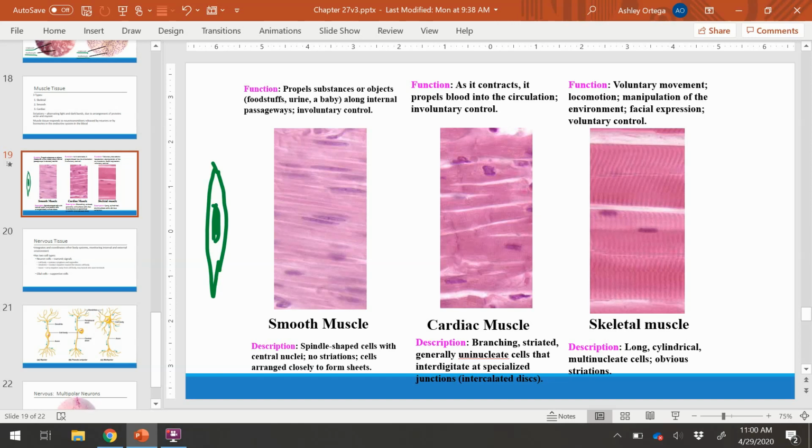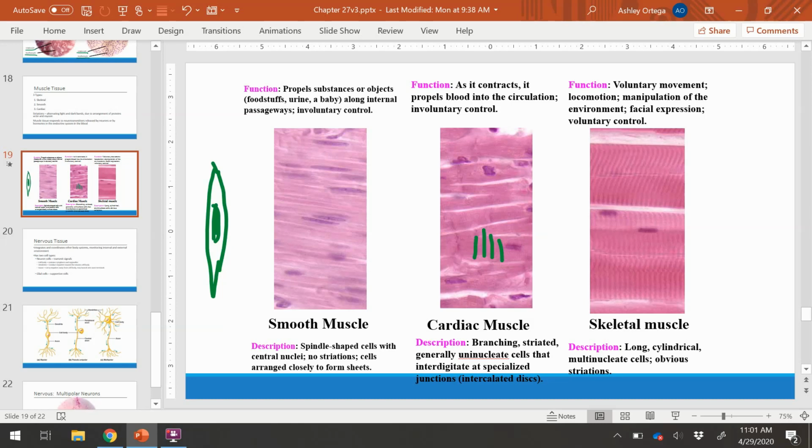Now looking at cardiac muscle, it is found in the heart, used to pump blood into the circulation. Here they have the striated lines moving up and down that you can kind of see in this image, different color lines. These are striations. Then they have uninucleate cells, so every cell will have one nucleus.